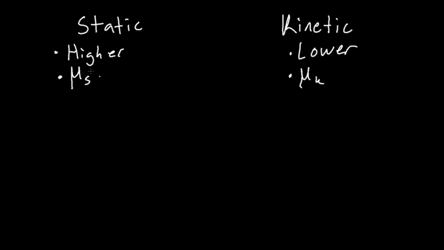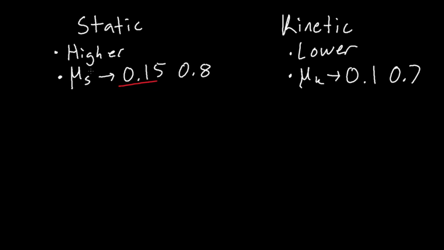Now, these coefficients are usually some decimal number like 1.5 or 0.8. Kinetic friction can be 0.1, 0.7. But usually, if you were to compare them, let's say for a surface, there's a static friction of 0.15 and there's a kinetic friction of 0.1.